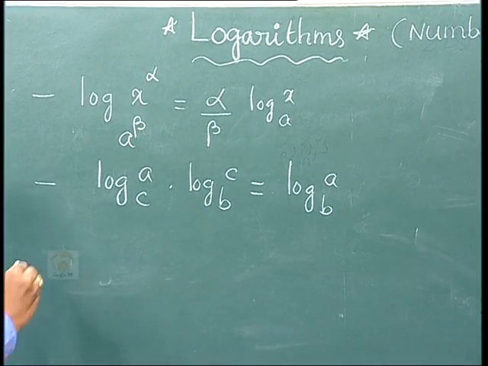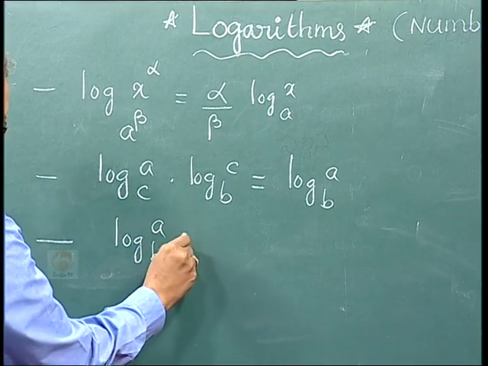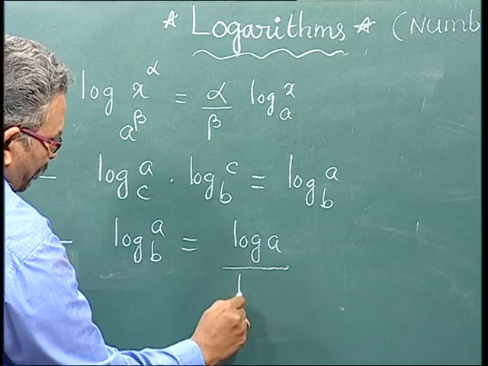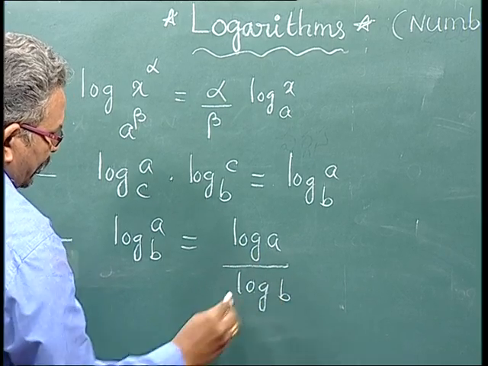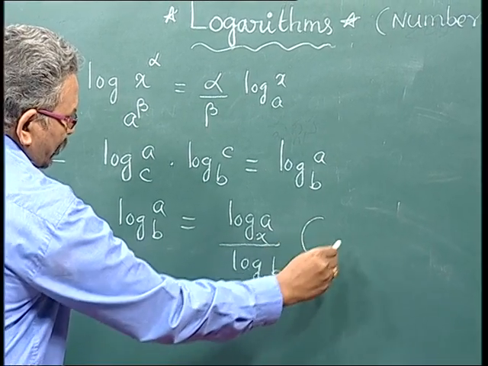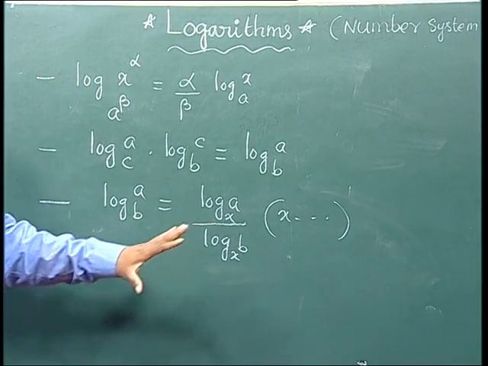Sometimes this log a to the base b can also be written as log a by log b, where the base says something x. This x is known as a valid base.